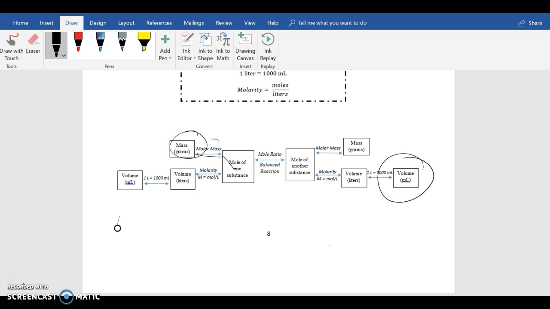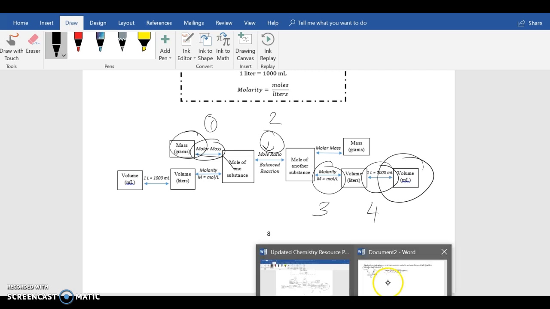So notice, this molar mass will be step 1. Step 2, mole to mole. Step 3, molarity. And then liters to milliliters is step 4. So again, first step, molar mass. Second step, mole to mole. Third step, molarity. Fourth step, liters to milliliters.